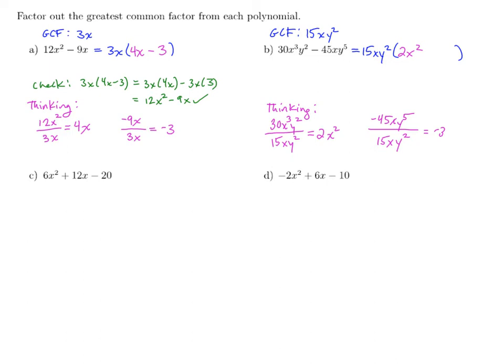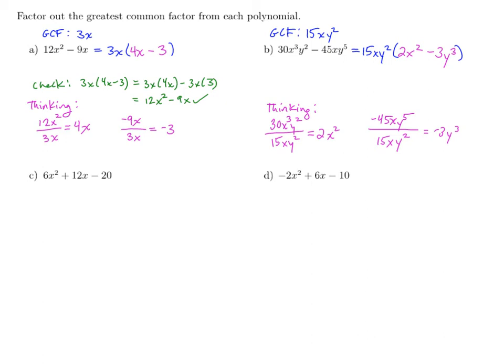And then we had x, we factored it out, so there won't be an x in this term once it's factored. And then y to the fifth over y squared is just y cubed. So inside here, we're going to have 2x squared minus 3y cubed. So when fully factored, we have 15xy squared times the expression 2x squared minus 3y cubed.